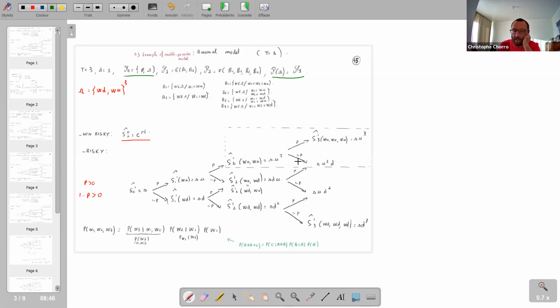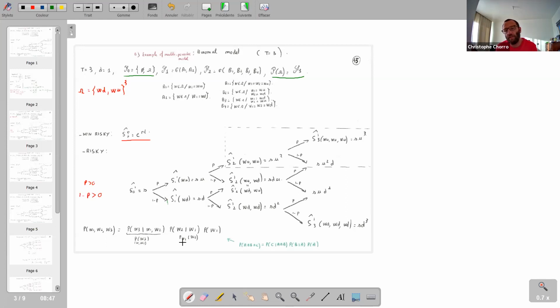And I repeat that I have already defined these sets at the beginning of the course, when I gave you an example after the introduction. So I just want to comment on the notation we are going to take here concerning probabilities and conditional probabilities. As you know, the choice of the historical probability is not important in this kind of modeling.